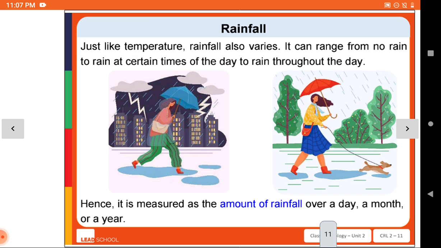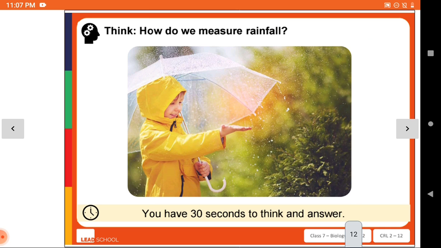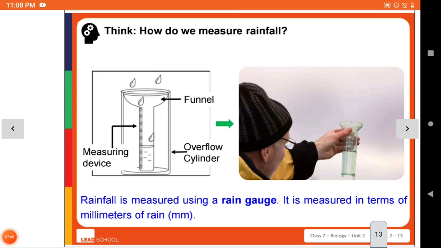So rainfall, just like temperature, also varies. It can range from no rain, to rain at certain times of the day, to rain throughout the day. Hence, the amount of rainfall is measured over a day or over a year. So students, how do we measure rainfall? Rainfall is measured using the rain gauge, in terms of millimeters of rain, which is mm.